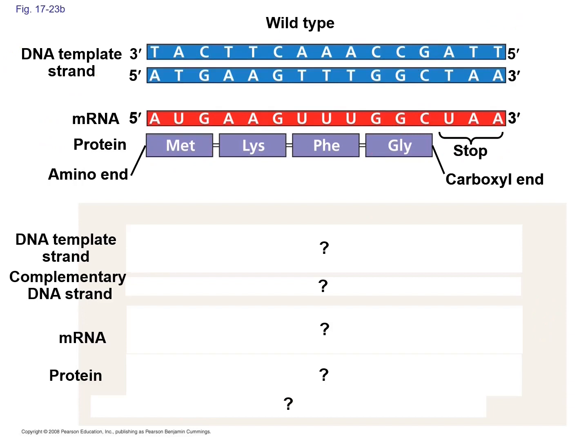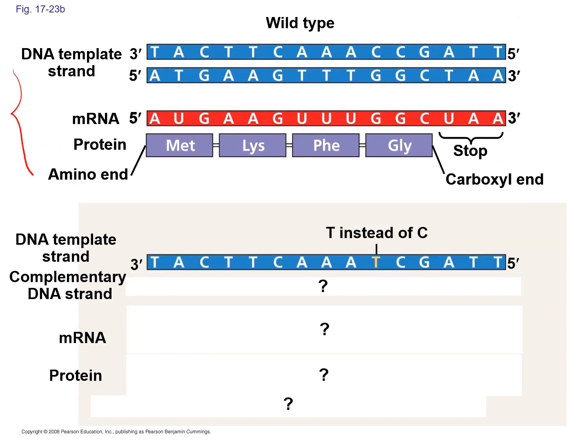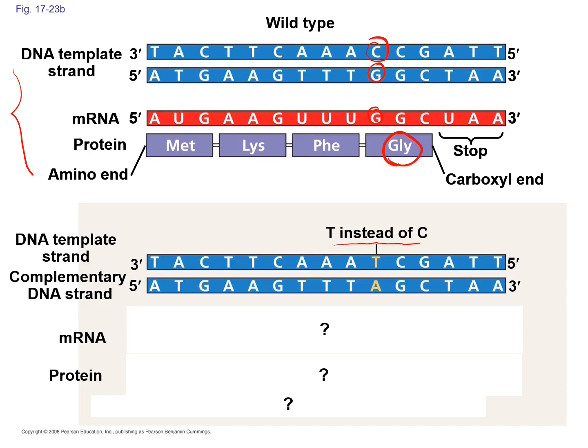Here you have another exercise, and you have again all the information here. Here the change is that a T is replacing a C. So all this one will change. So please stop the video and try to find the answer. And the answer is the following.